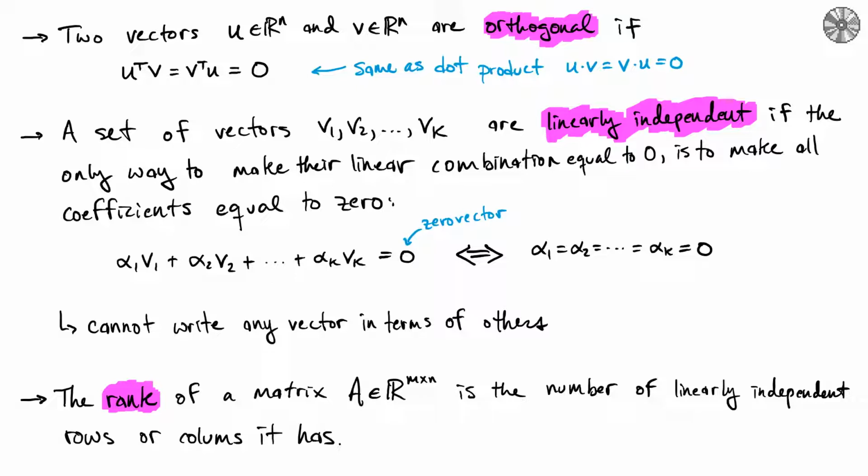We can talk about the geometry of two vectors and whether they're orthogonal. And so this means that if we take the matrix multiplication of a row vector and a column vector, u transpose would be the row vector, v would be the column vector, and that's equal to 0, then that means that those two vectors are orthogonal.